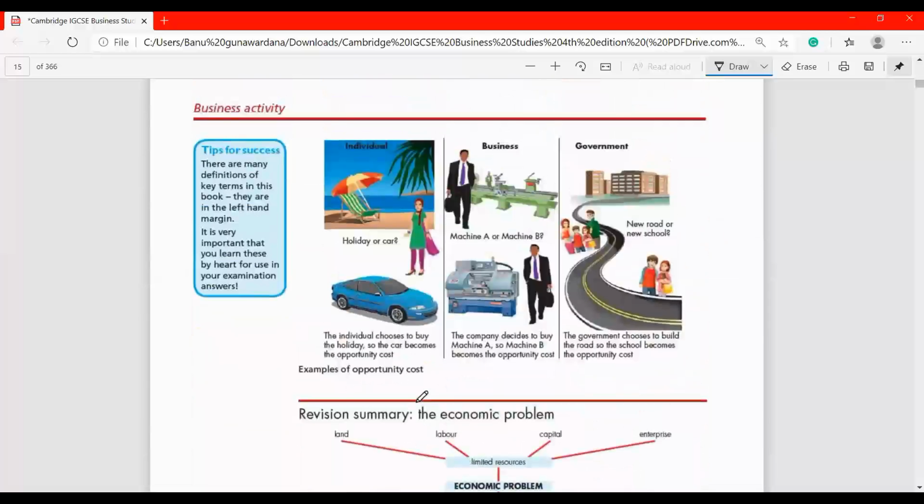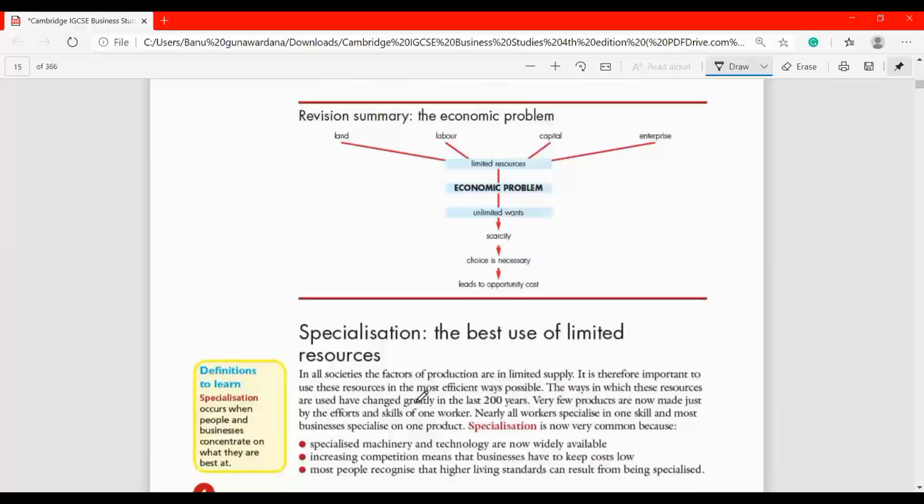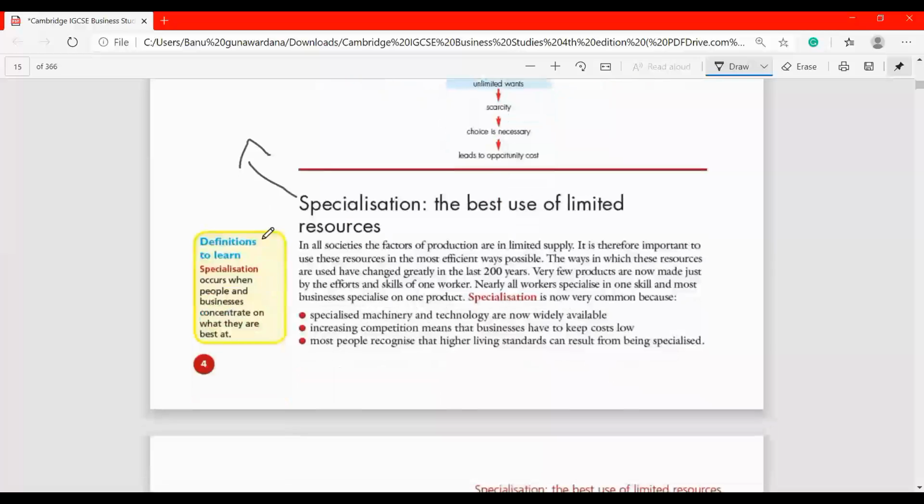So, one of the most efficient, effective ways of using limited resources is specialization. This specialization is where people or businesses concentrate on what they are best at.